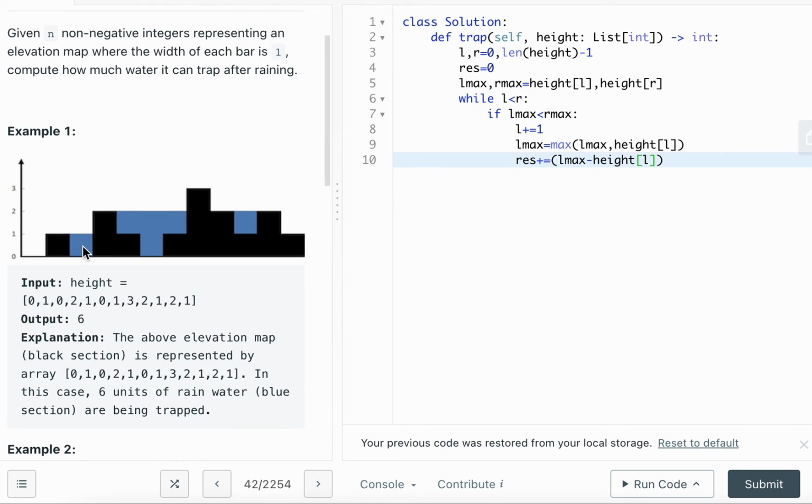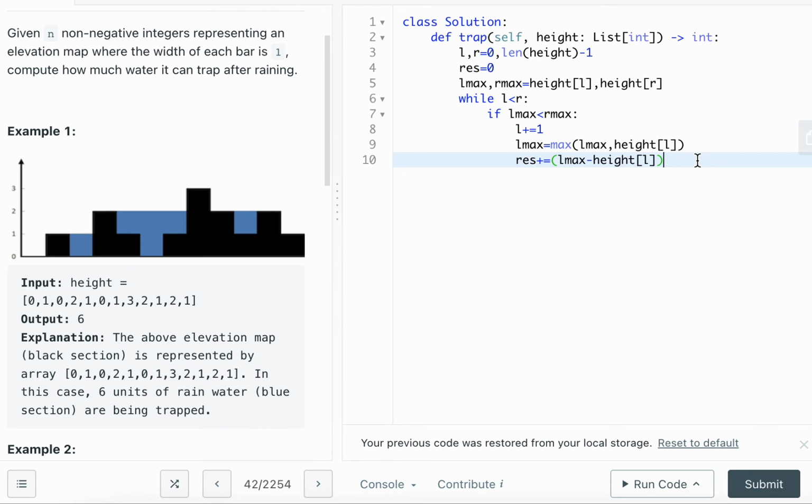The left max is 1 in this case, and height[left] is 0. That's how this position is able to hold 1 unit of water. That's the calculation here.